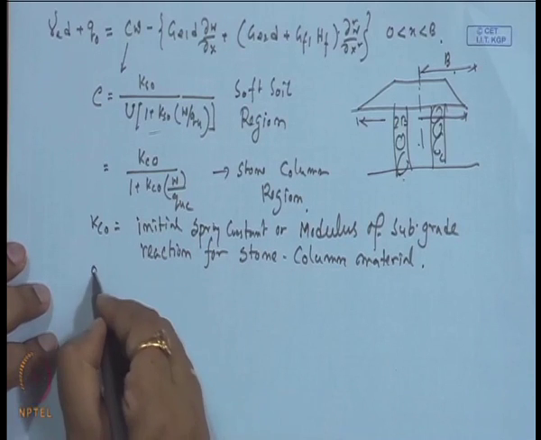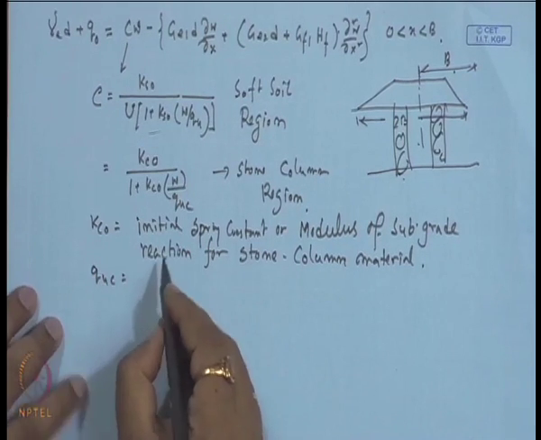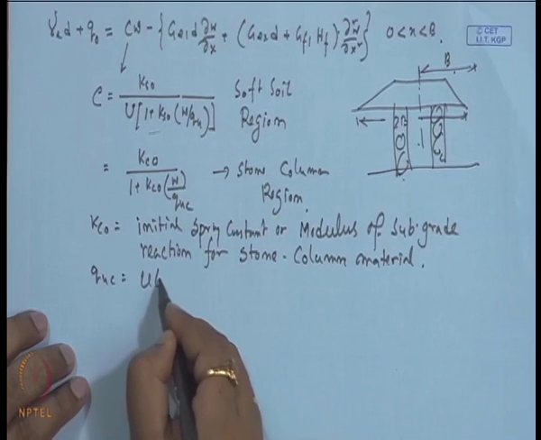And q u c is the ultimate load carrying capacity of the stone column.